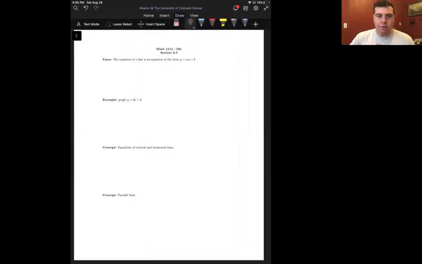We're just going to define what lines are and make sure that we're on a common understanding of lines. Algebraically, we can define a line to be an equation of the form y equals mx plus b, where m is our slope, or sometimes known as rise over run.